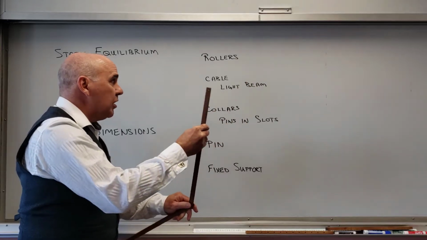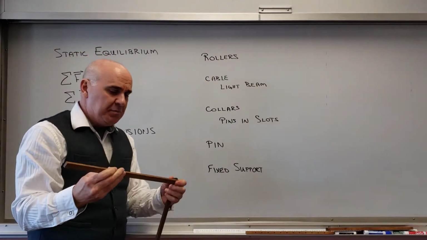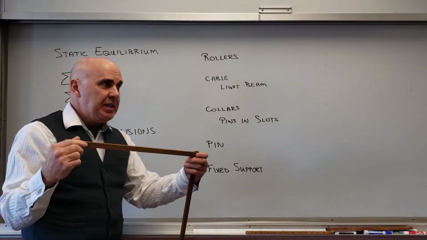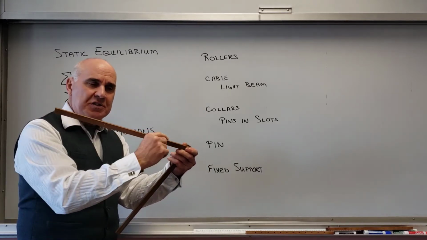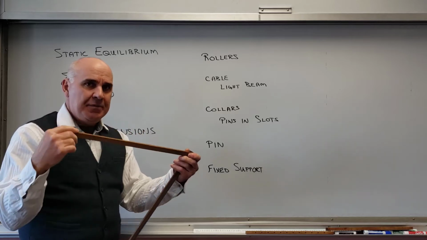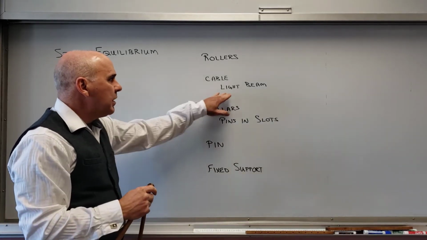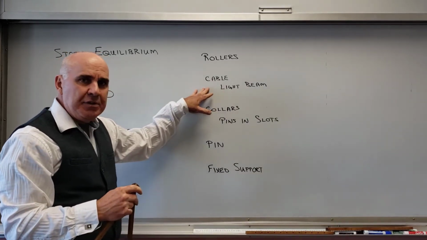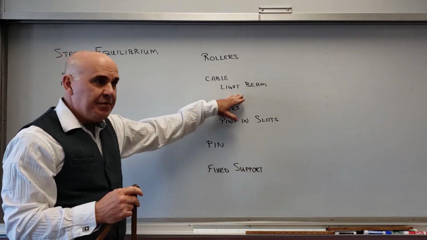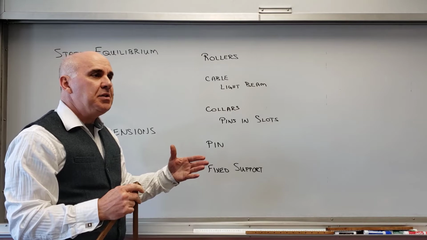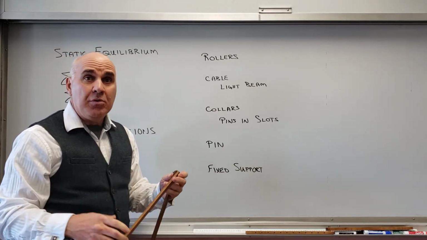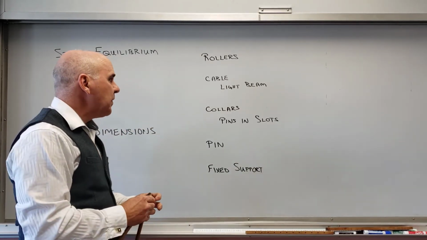So what I'm going to call a light beam, and there are other names, is basically not much mass to it, if any, but it's only going to exert forces along its length. So a cable or a light beam can exert tensions. In the case of the beam, it can be a tension or a compression, but only in the direction of the cable or only in the direction of the light beam.